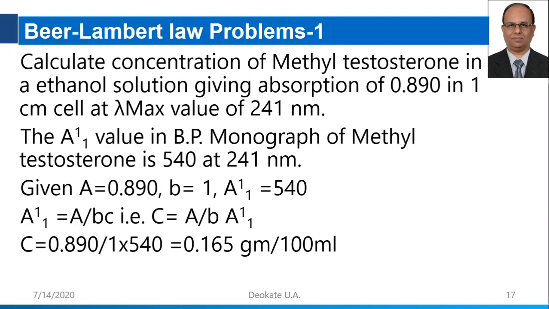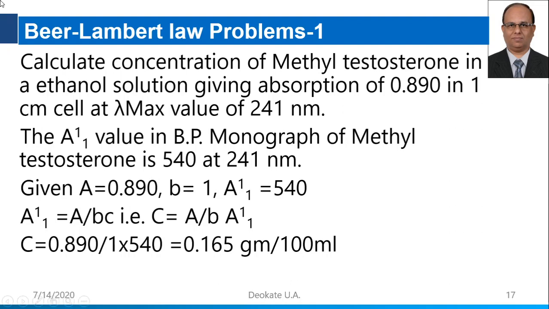When calculating the concentration we are using this A11 value, and for A11 the concentration is in percent, that is grams per 100 ml. So your answer should also have the same unit. Your answer is 0.165%, that is grams per 100 ml.